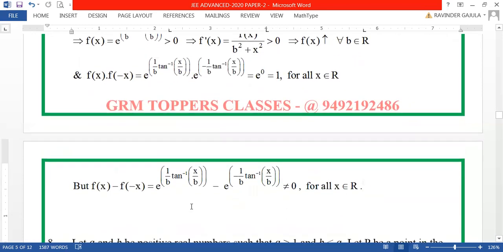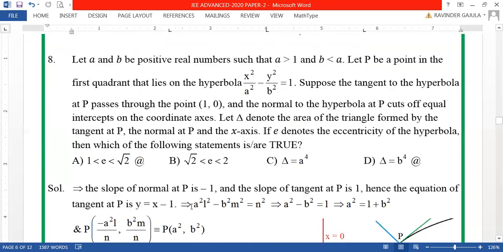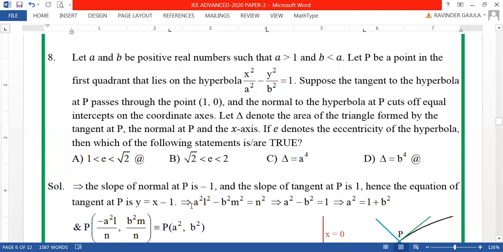Okay, friends, now let us go for the next question of this section. Let a, b be positive real numbers such that a greater than 1 and b less than a, meaning a greater than b. Let P be a point in the first quadrant that lies on this hyperbola.